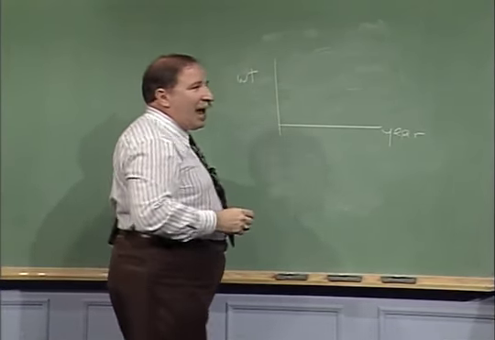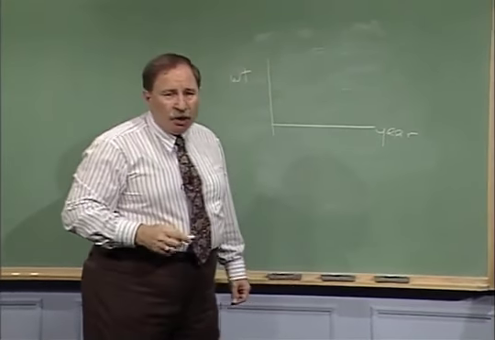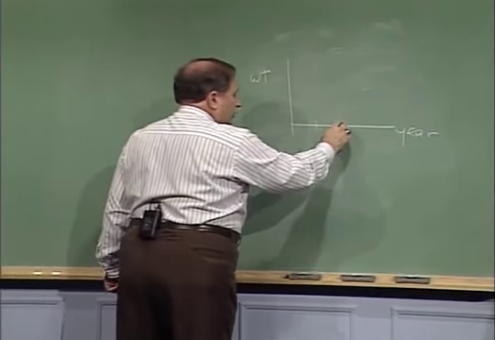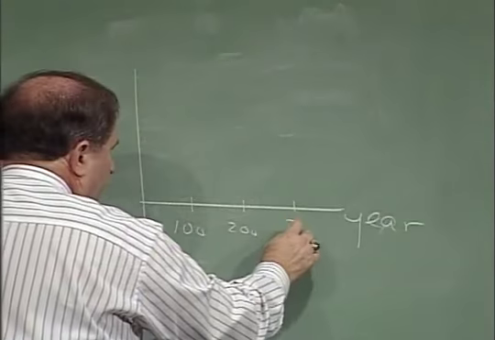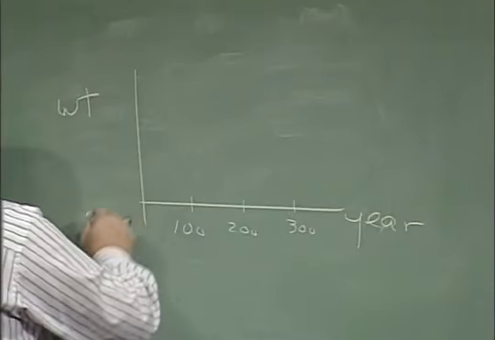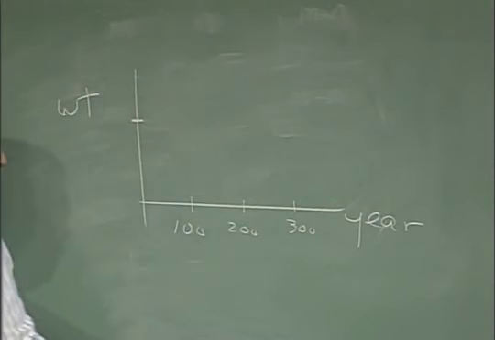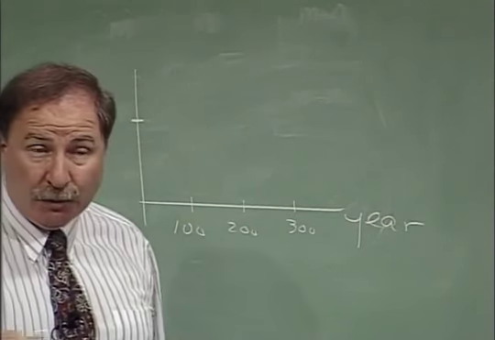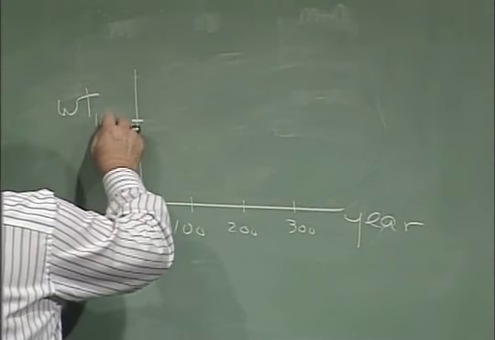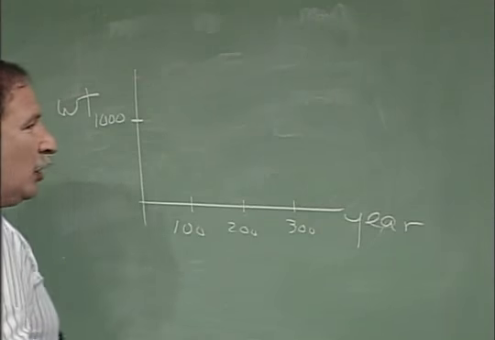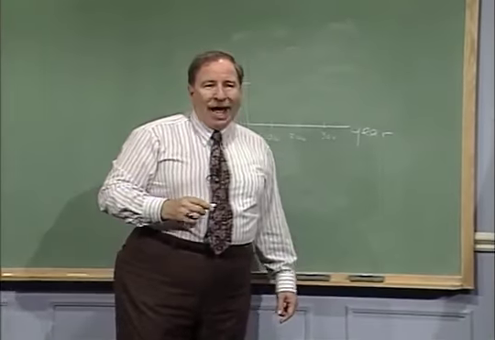And let's say the half-life of something was 100 years. So each of these tick marks would be 100 years: 100, 200, 300 years. And let's say at some time, present day, for example, being now 0, we had 1,000 pounds of radioactive material. What would happen?